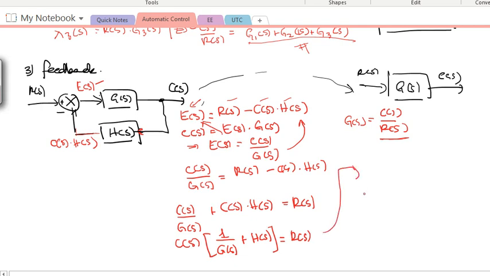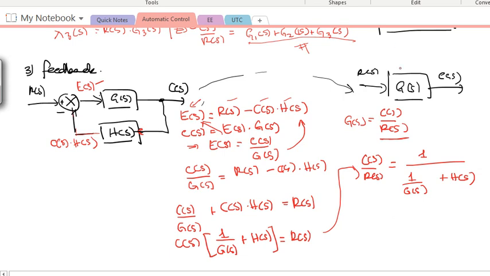I'm going to come up here. So we can write CS over RS, right? CS over RS now becomes 1 over 1 over GS plus HS, right? So that's what the transfer function looks like.